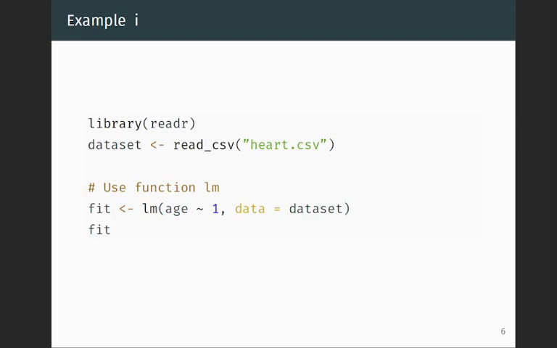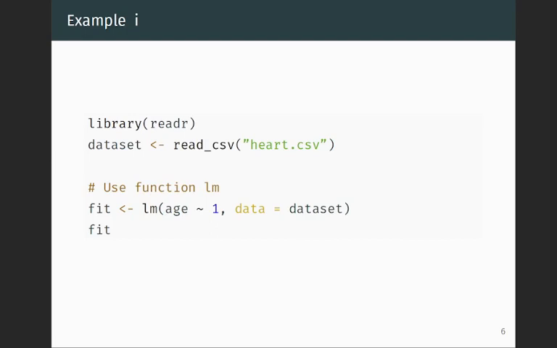And remember here, we're not looking at any covariates at this point. So if you want to fit this in R using the function lm, what you need to do is lm of age tilde 1, right? So 1 here represents the intercept. And then you specify that data is equal to data set.